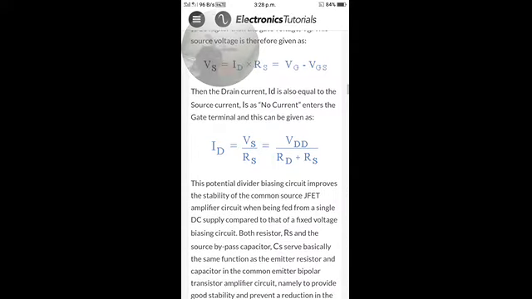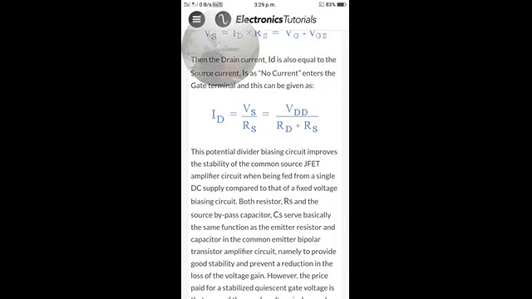Both the resistor RS and the source bypass capacitor CS serve the same function as the emitter resistor and emitter bypass capacitor in the CE configuration. Here RS and CS are similar to the RE and CE in the CE amplifier circuit, used to provide good stability and prevent the reduction in the voltage gain.